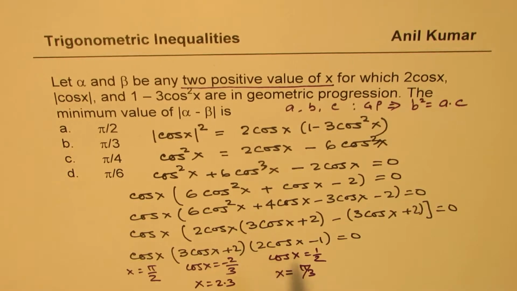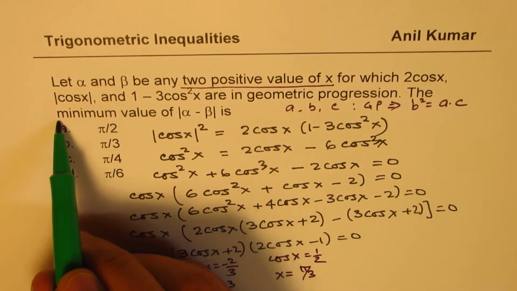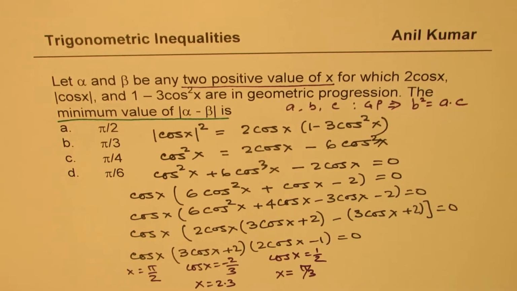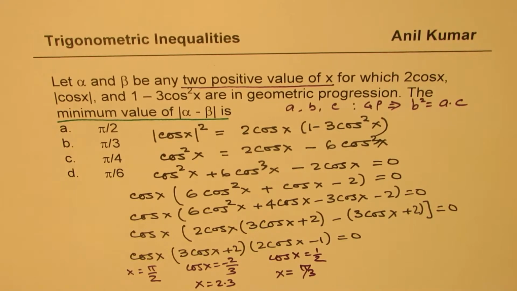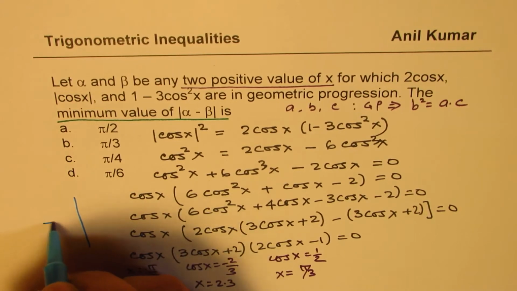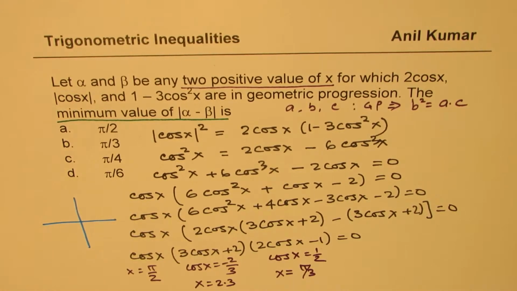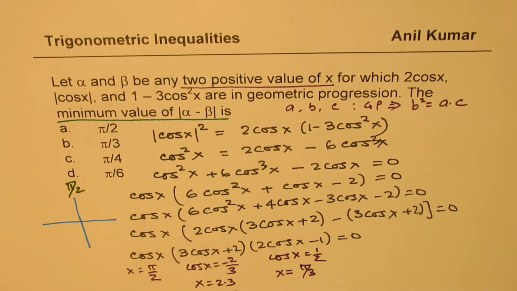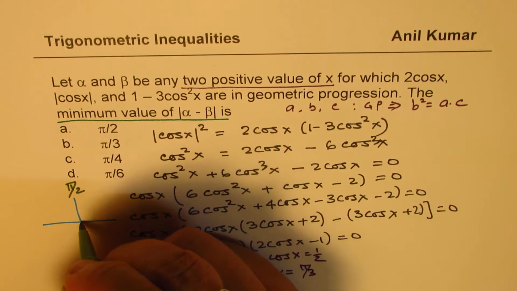What are we interested in finding? We are interested in finding the minimum value of alpha minus beta, right? So if you look at it, what you have here is one solution which is pi by 2. So this is pi by 2 for you. The other one is pi by 3.